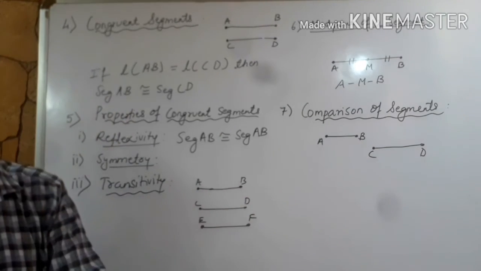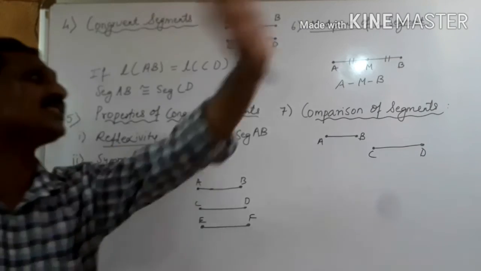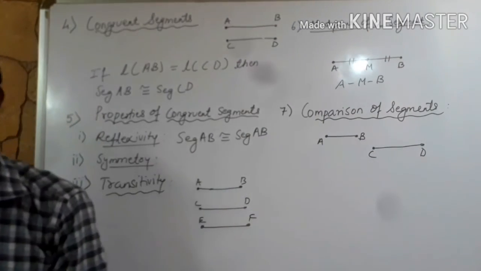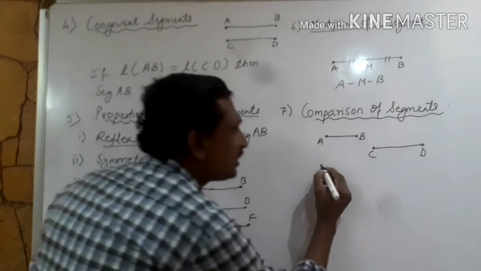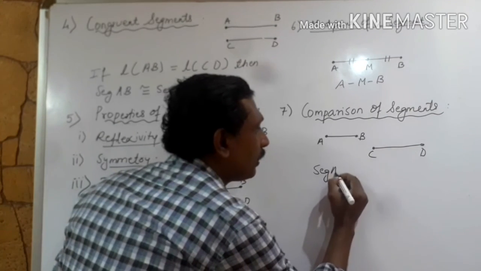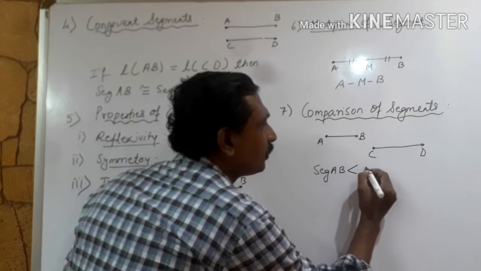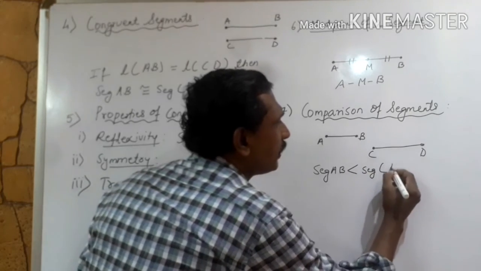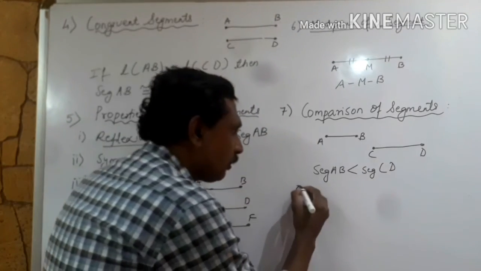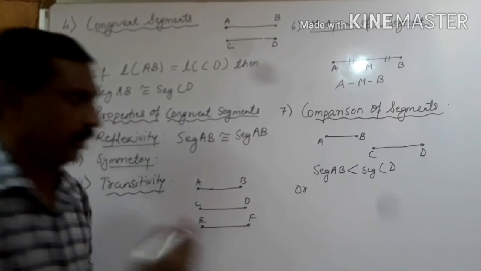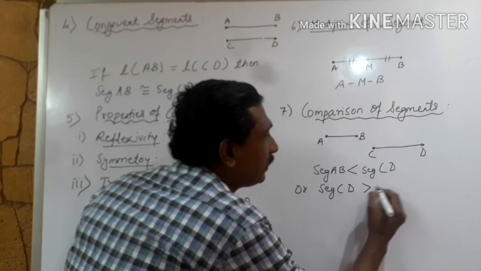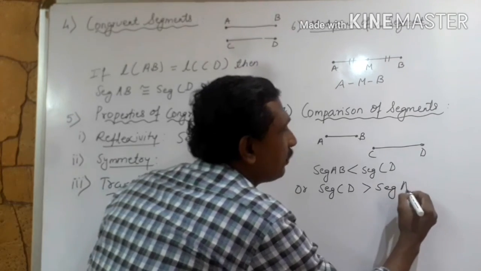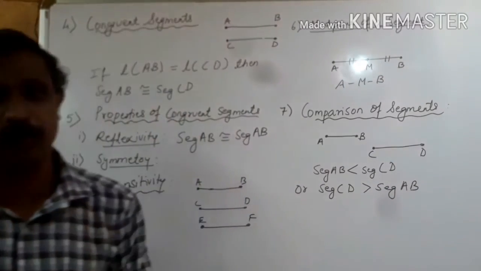If the length of segment AB is less than the length of segment CD, we write segment AB is smaller than segment CD, or the other way, segment CD is greater than segment AB.